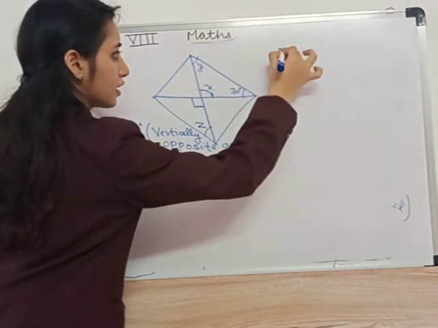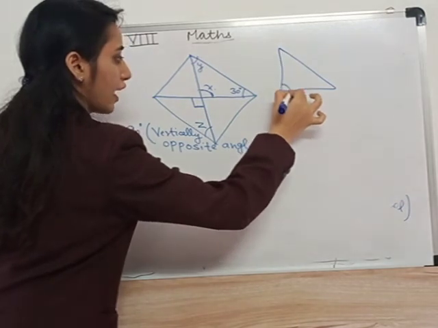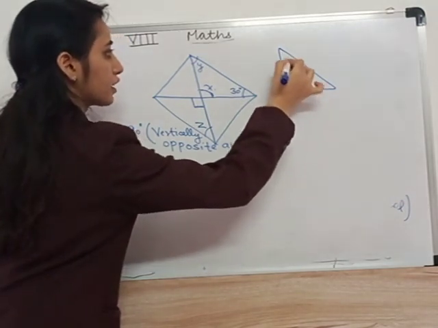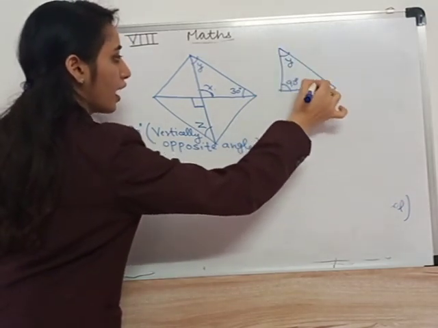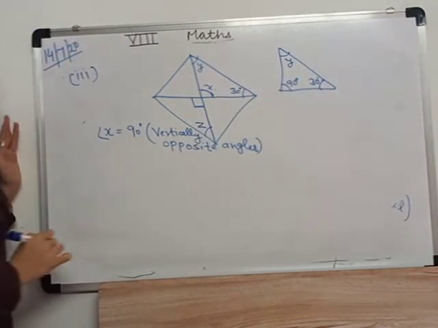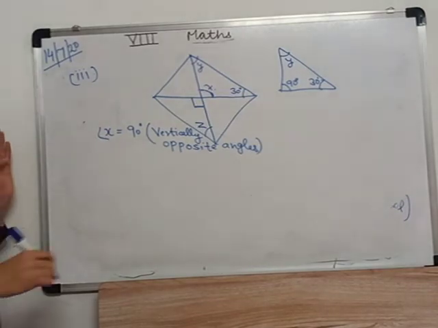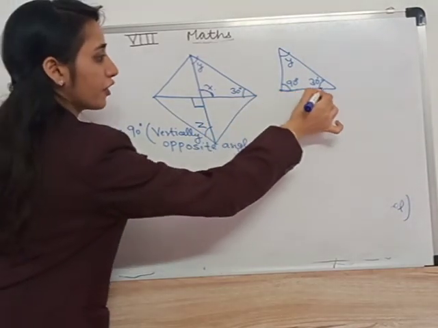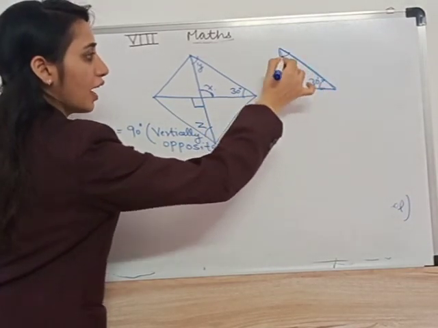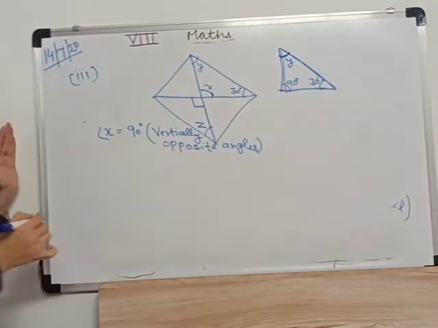See, this is the triangle in which x is equal to 90 degrees. This angle is y and this angle is 30 degrees. In this triangle, we can apply the triangle sum property. The sum of angles of a triangle is 180, and find the value of y.